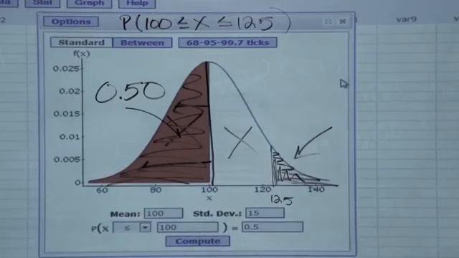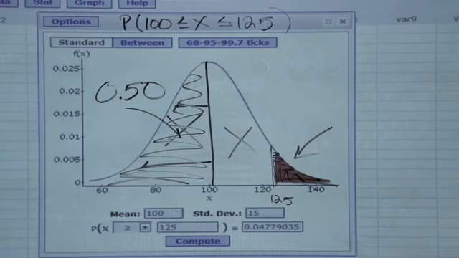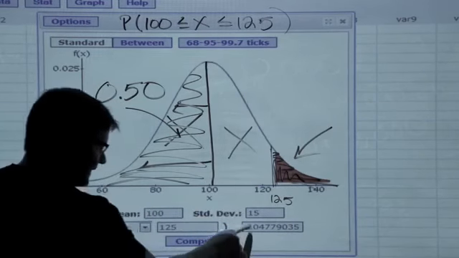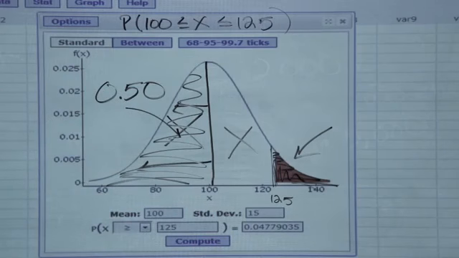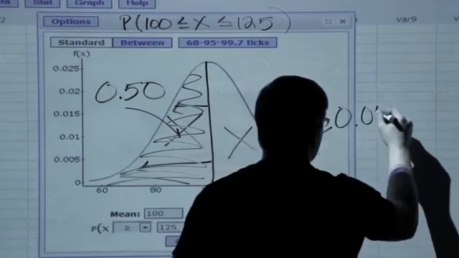And I will just switch the StatCrunch tool. I'll do probability x is now greater than 125. And now the piece in red is up here. There's the answer. It's about 0.04779, and so on. I rounded that to 0.0478 in the notes.